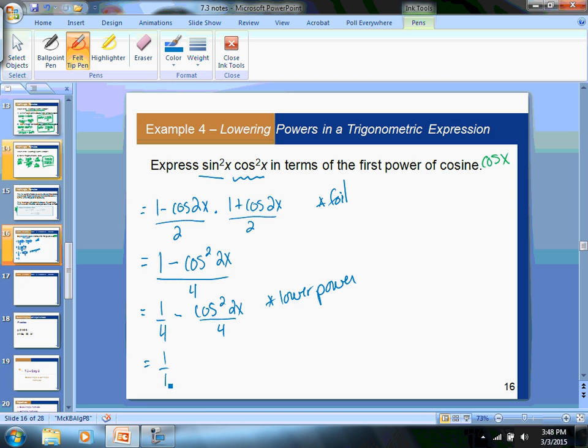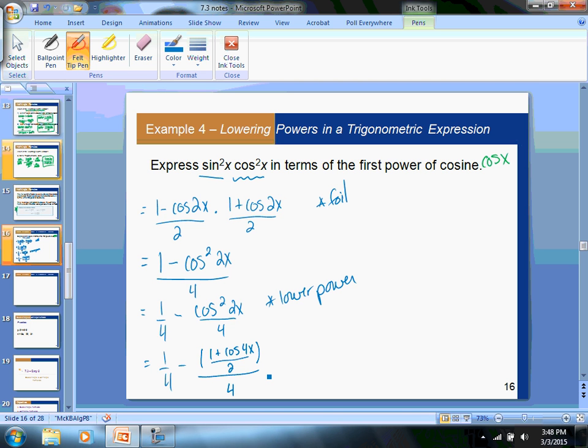So I'll leave the 1/4. And then, let me fix that parenthesis, I made it a little big. In my numerator now, I'm going to have 1 plus cosine 4x over 2, and this is still going to be all over 4.